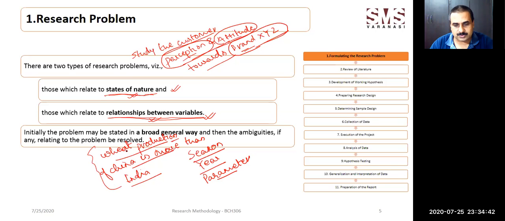If we want to convert this into a specific problem, we have to rephrase it. If you look at this point, it says initially the problem may be stated in a broader and general way, and this particular problem is being stated in a broad and general way, that wheat production of China is more than India, and then we try to remove all the ambiguities in this, and try to resolve it.